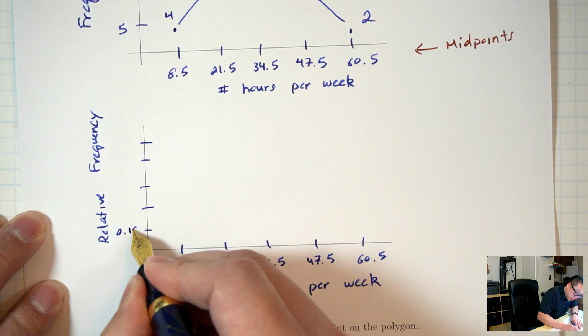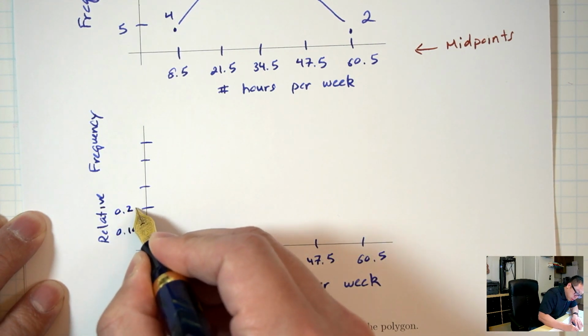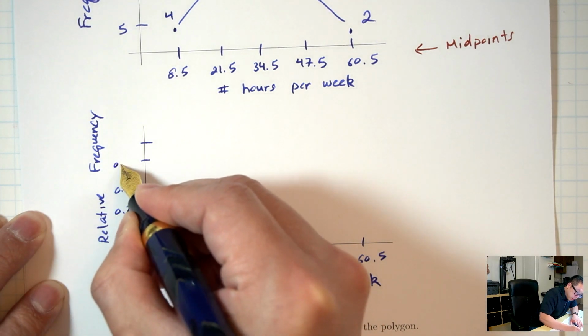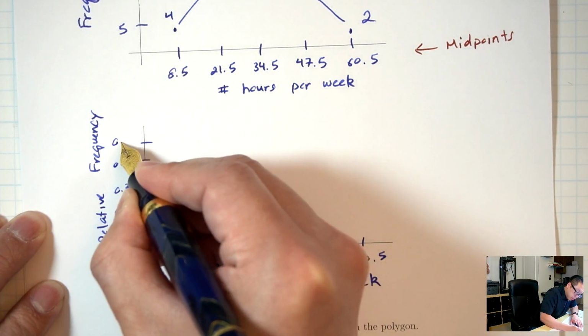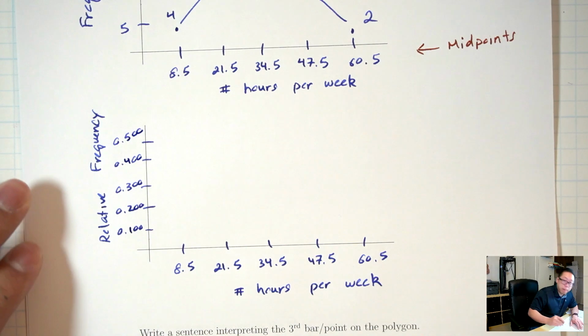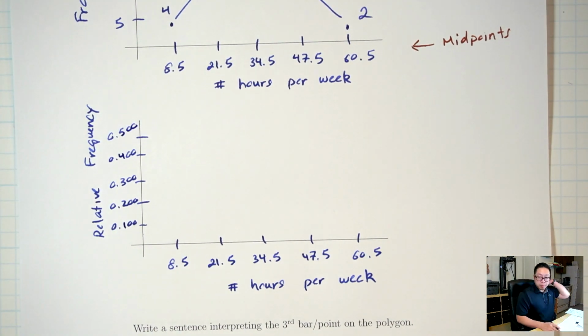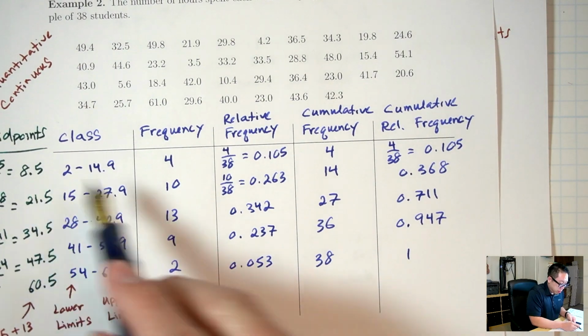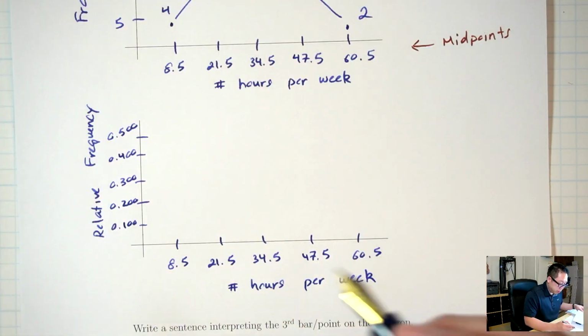0.100, 0.200, 0.300, 0.400, and 0.500. And dots and lines. 8.5 is going to be 0.105.